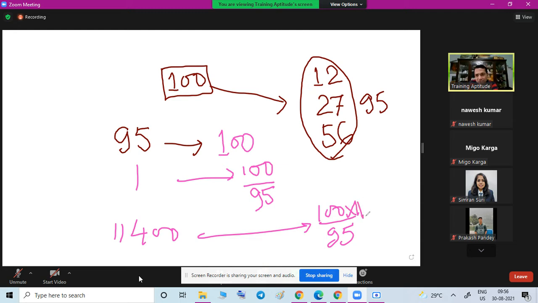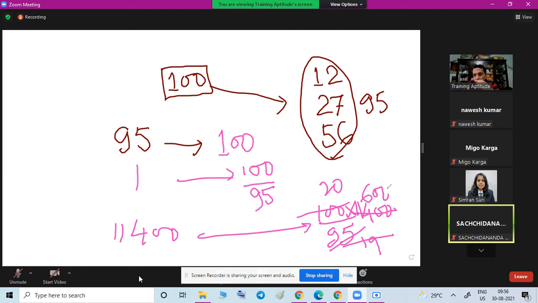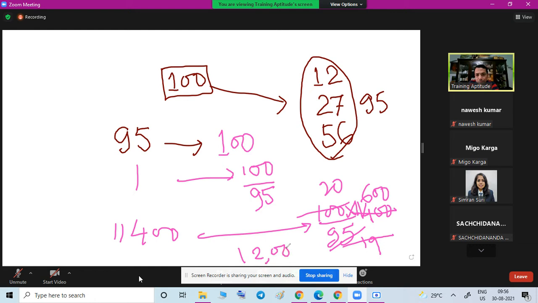But honestly, it is not so difficult to figure out, because this is 9, this is 20, and this is 19. 19 sixes are... So you get 12,000. This is one way of doing it.